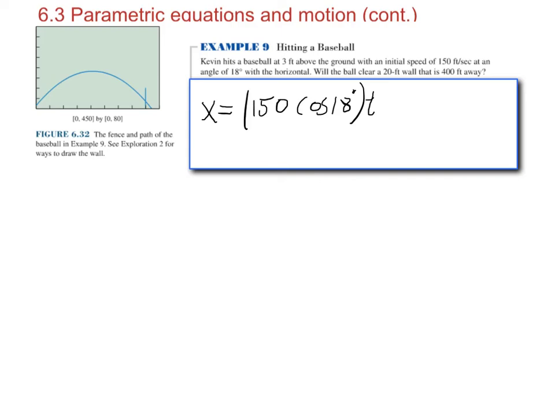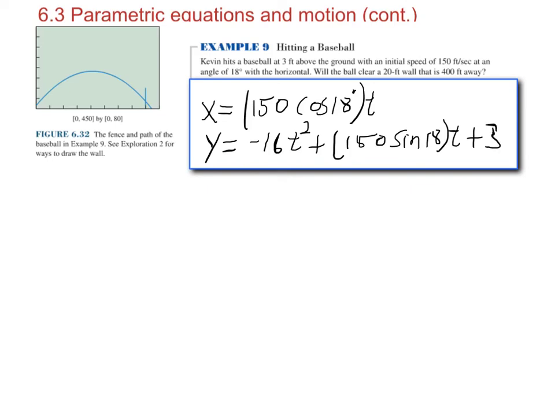And then the y equation would be the familiar negative 16t squared plus, and now the y component of our initial velocity vector, 150 sine of 18 t plus the initial height of 3.